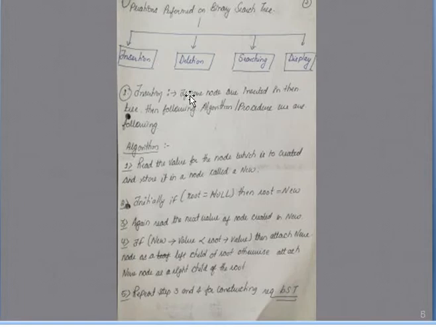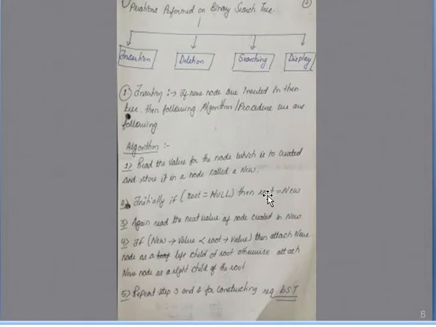Insertion means if new nodes are inserted in the tree, then we use the following algorithm or procedure. First, we read the value for the node which has to be created and store it in a node called new. After that, we check if the root is null.